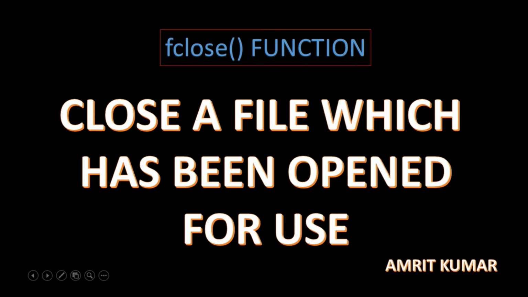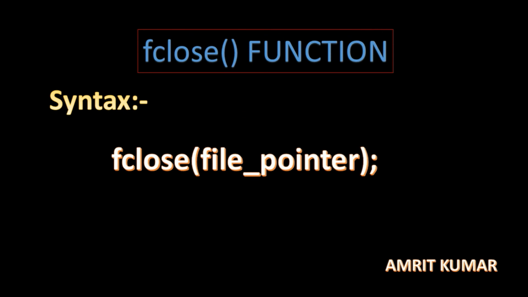Now let's look at the fclose function. For closing a file which has been opened for use, you need to use the fclose function. Let's look at its syntax. You need to use the fclose function, and in it you pass the file pointer.